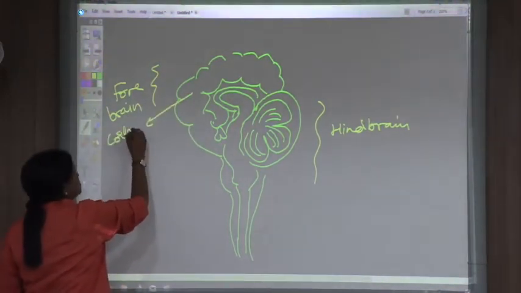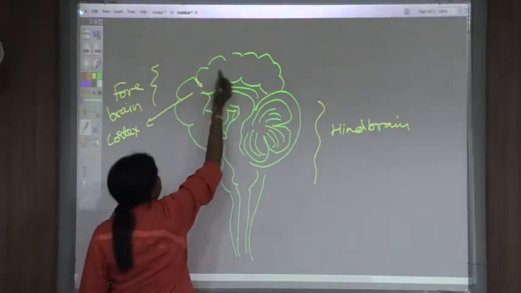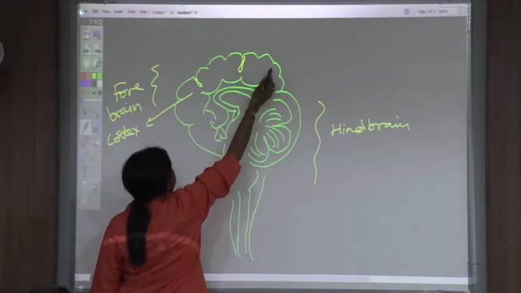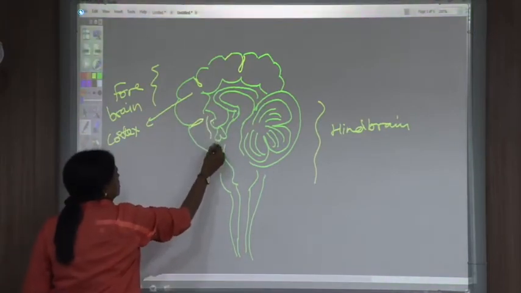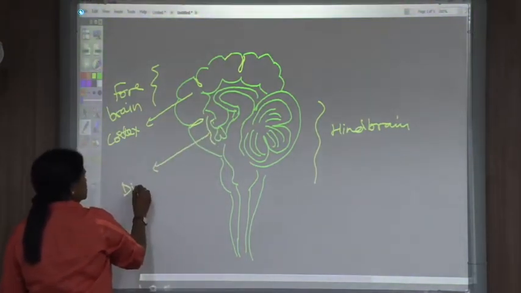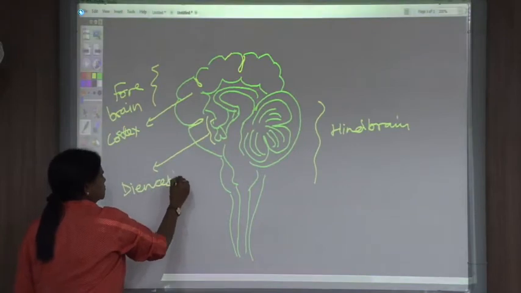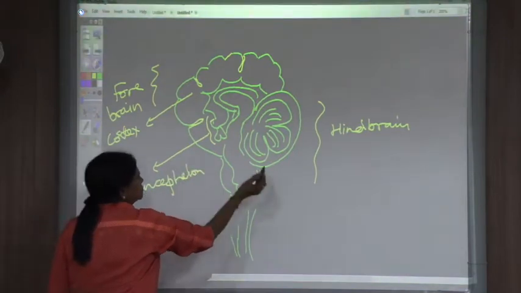this is called the grey matter or the cortex. There are some deep fissures within the cortex which divide the forebrain into four different parts. This is the hypothalamus and pituitary.